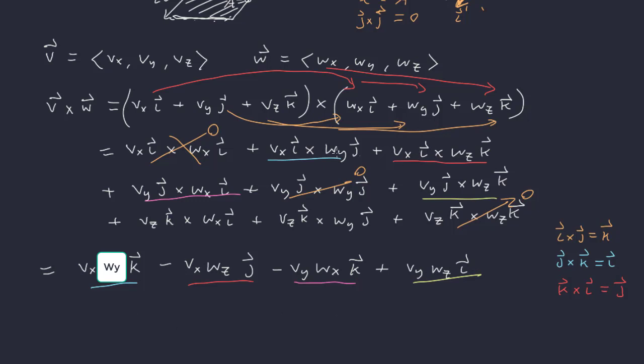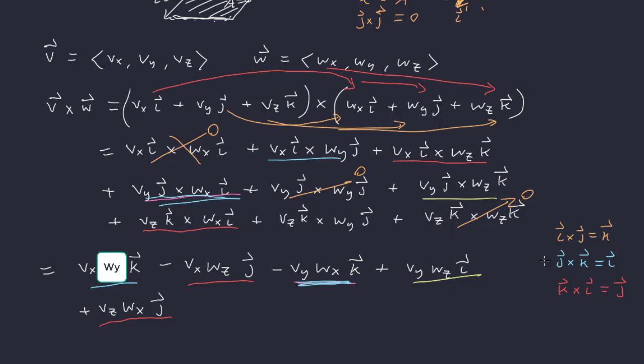Then moving down along here, K cross I, so I'll get Vz Wx, and then it will be K cross I, which is J. So that's that piece. Notice I have two J pieces here. And I probably should have used the same color for the two K's in blue. And then we should have one last piece here.